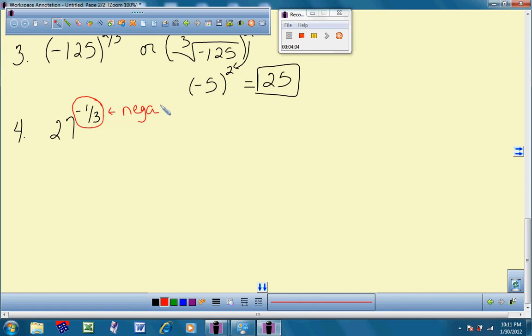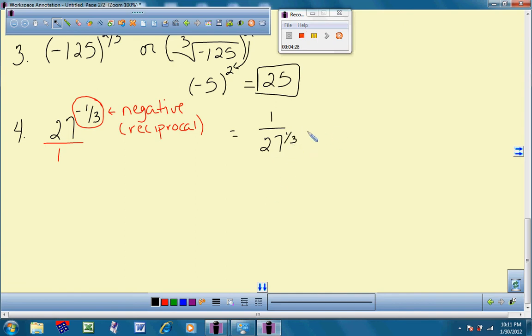When we have a negative exponent, we have to think reciprocal. Alright, we know that 27 can be written as a fraction, 27/1. Therefore, our reciprocal would be 1/27. We're going to attach the exponent without the negative sign.